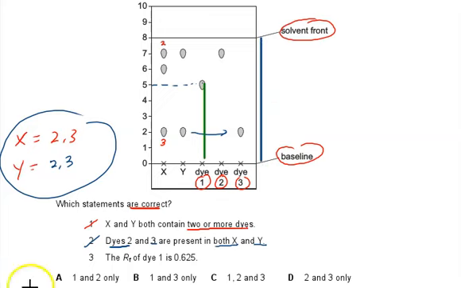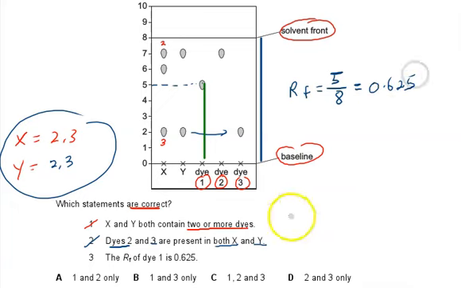So it is 5 over 8. That is the RF value for dye number 1. Let us calculate this: 5 divided by 8, I'm getting 0.625. So number 3 is also correct. So the best answer here will be everything, 1, 2, 3. So C is your answer.